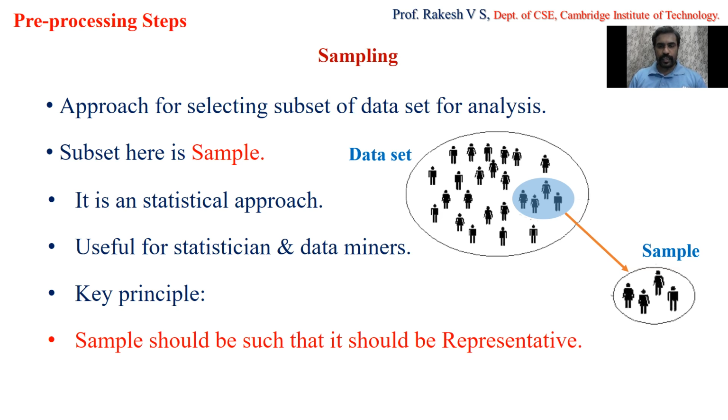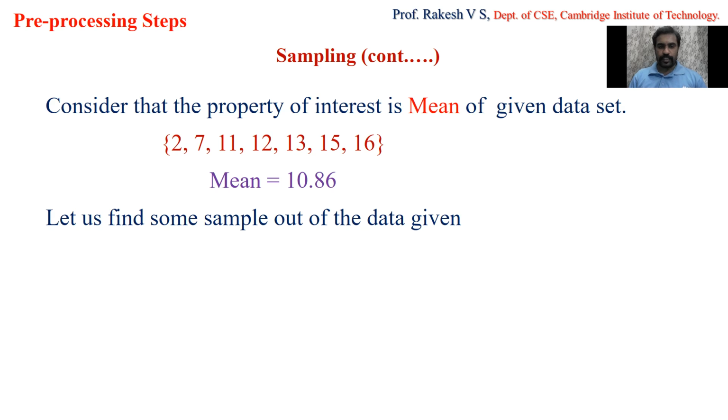Let us consider an example to understand what a representative sample means. Consider the data set given. For this data set, say the mean of the data set is a property of interest. First, we have to calculate the mean of the given data set, which is already done here.